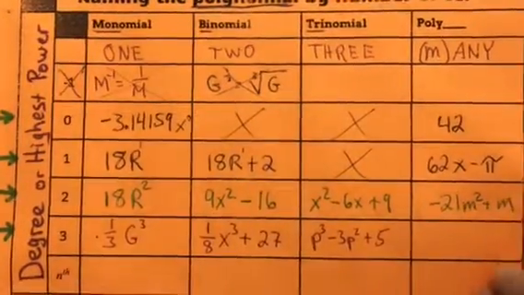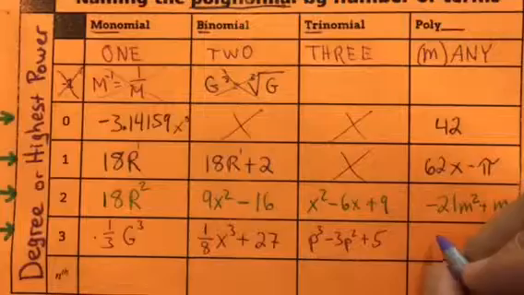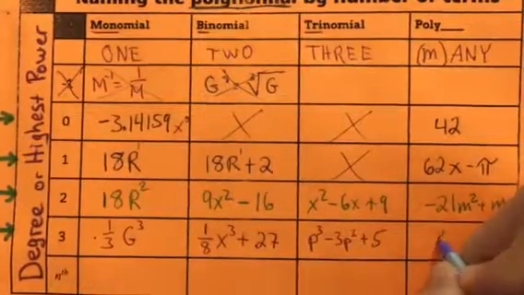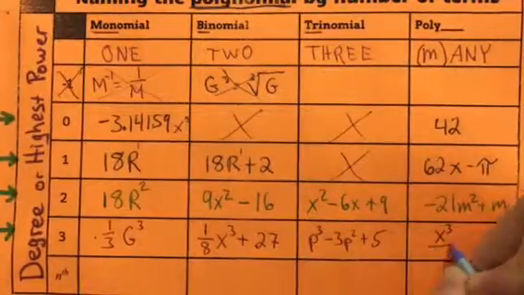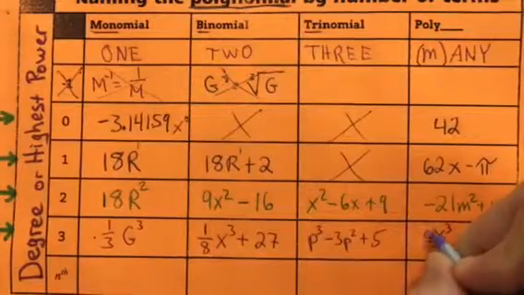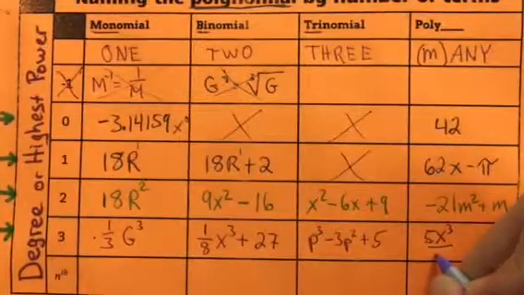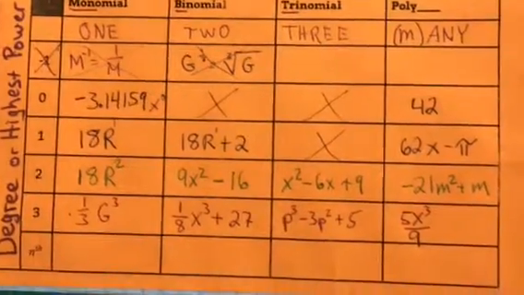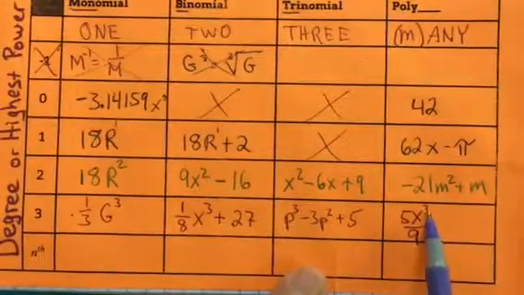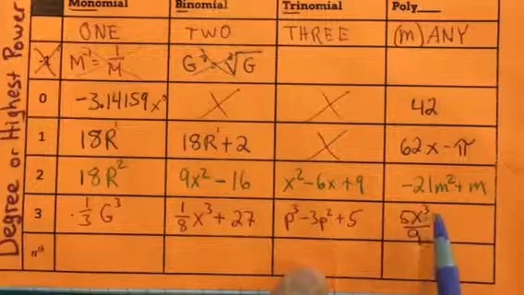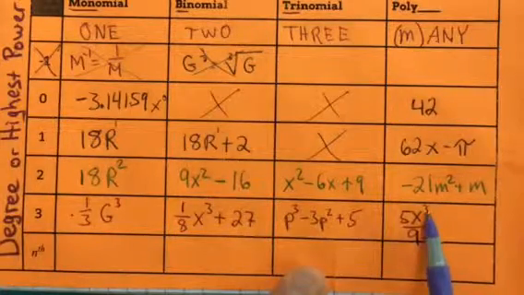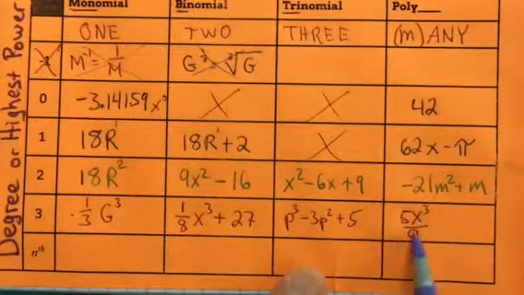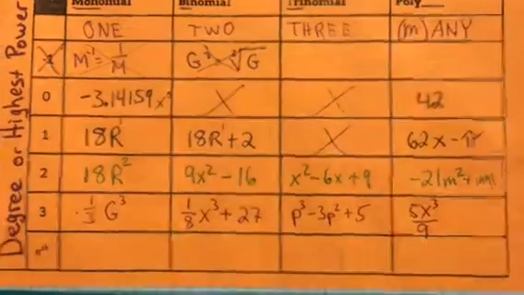And for polynomial, I could say 5x cubed over 9. My exponent is a positive number, whole number, integer. The ratio is 5/9. That's fine.